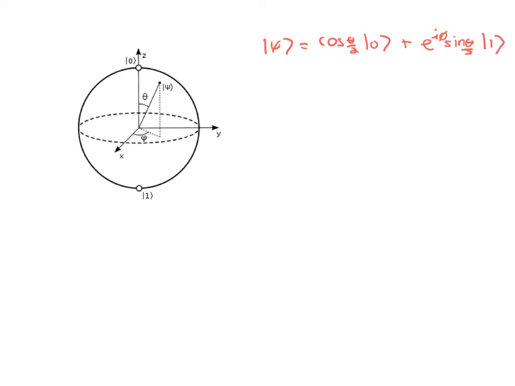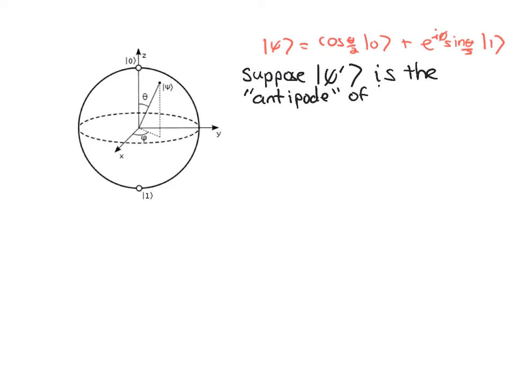So psi is characterized by its angles theta and phi. And so let's suppose another state, psi prime, is the antipode of psi.